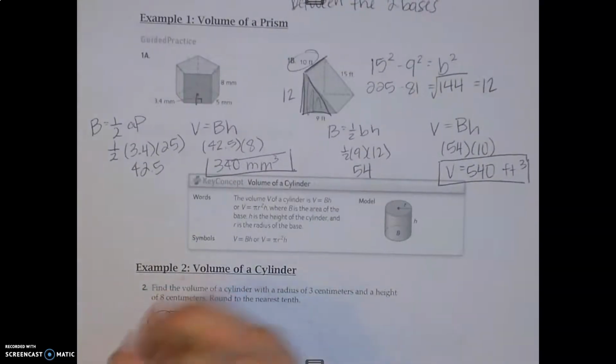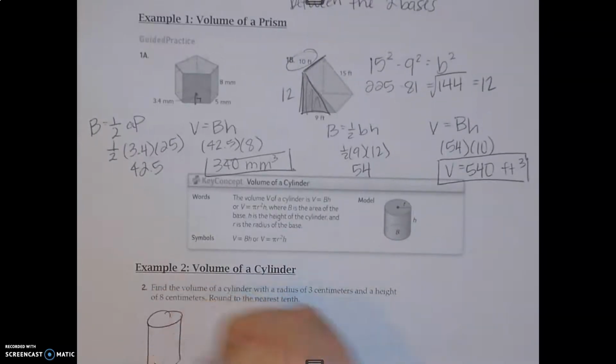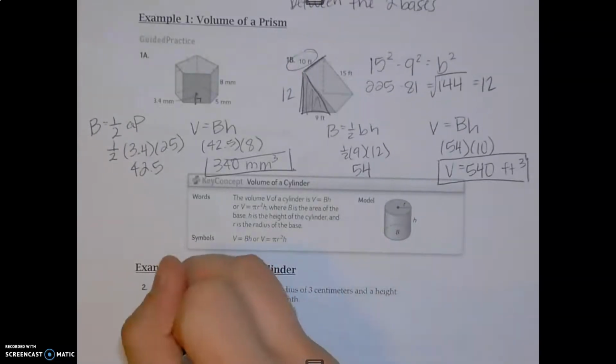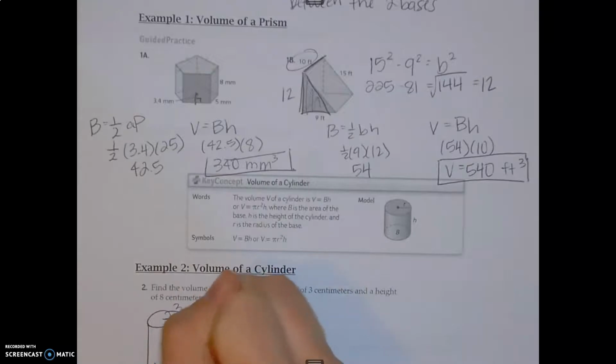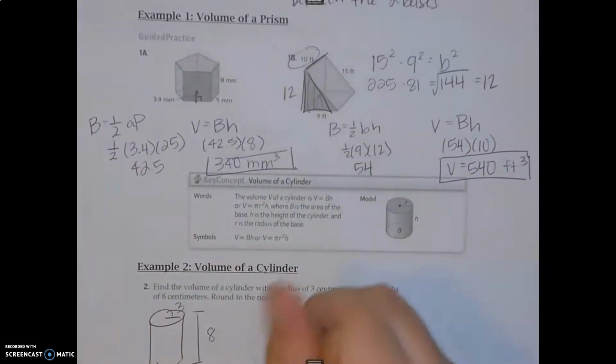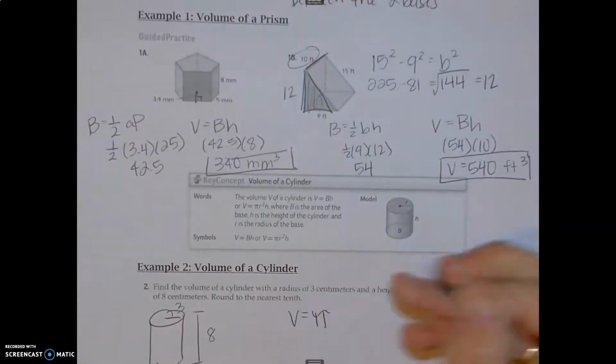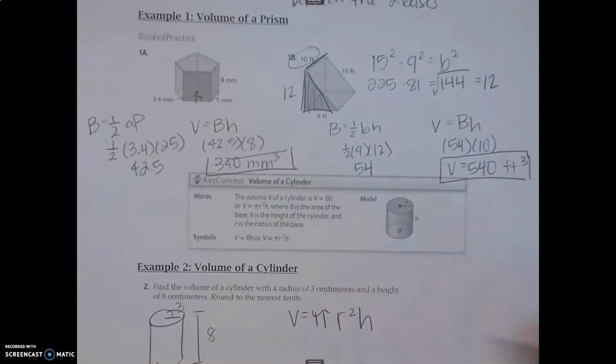So I'm going to draw a cylinder for us. My radius was 3 and my height was 8. Now I can plug this into my formula, which is volume is equal to pi radius squared times height. I'm going to use 3.14 for pi. If you use the pi button, you'll get a more accurate answer, so if yours look a little different, that's okay. Radius squared and then multiplied by the height of 8.